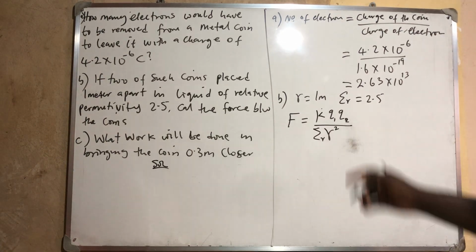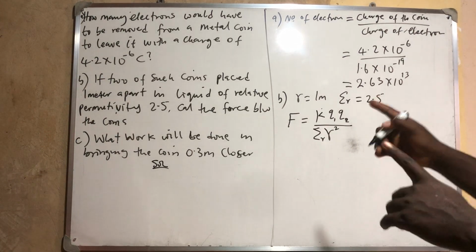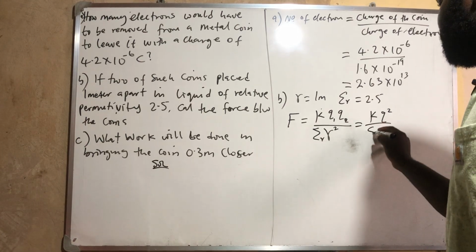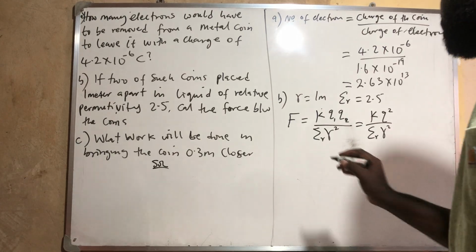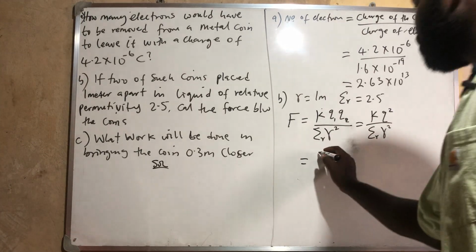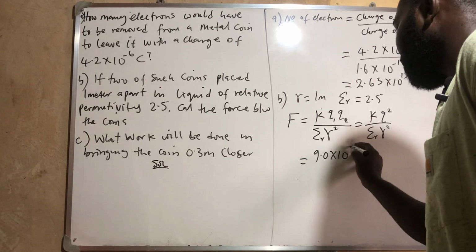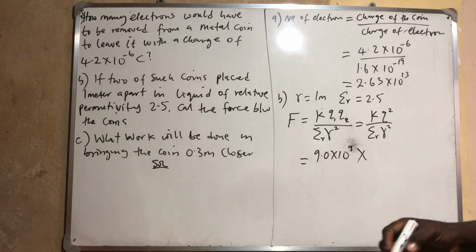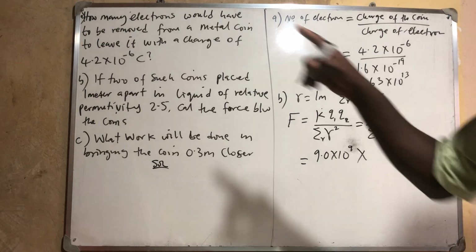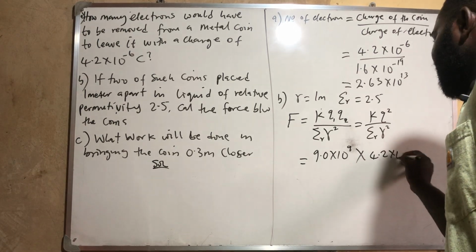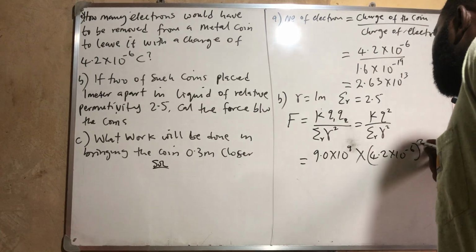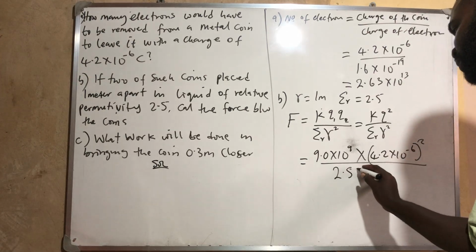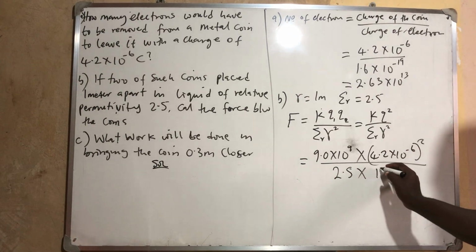So it will be relative permittivity times R squared. But they say that the charges are the same, so it's supposed to be KQ squared all over relative permittivity times R squared. So what do I have? My K is always 9.0 times 10 raised to power 9, times the charge of the coin, 4.2 times 10 raised to power minus 6, all squared, divided by my permittivity 2.5 times my R squared, which is 1 meter squared.